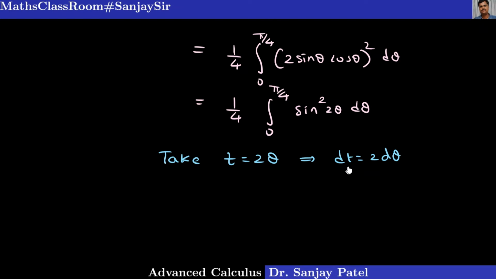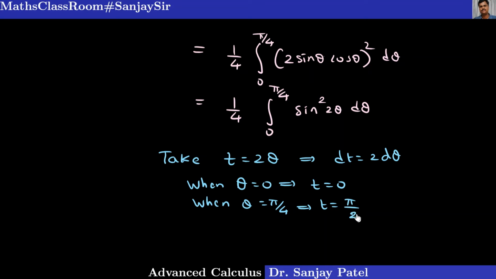So d theta is 1 by 2 times dt. Also when theta is equal to 0, the value of t is 0, and when theta is equal to pi by 4, we have t is equal to pi by 2.